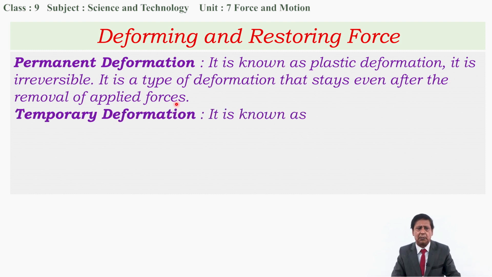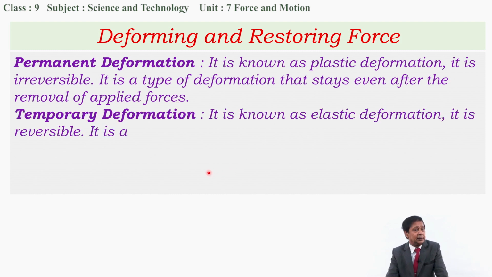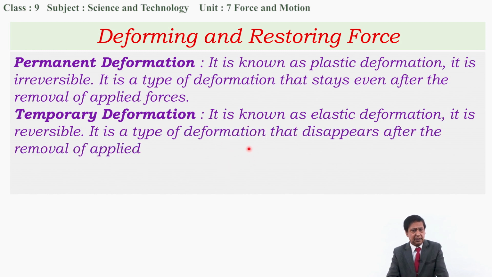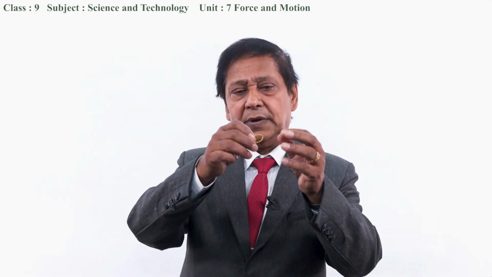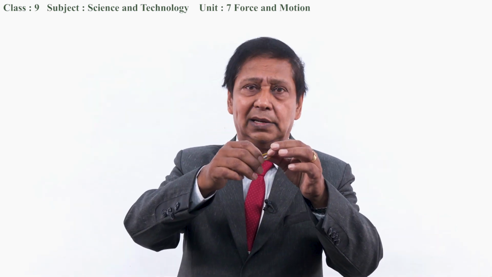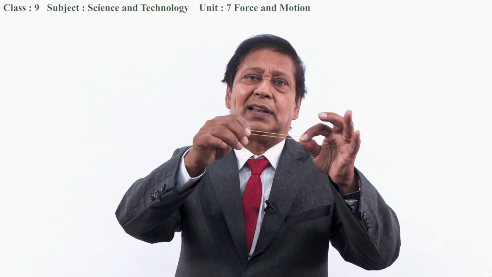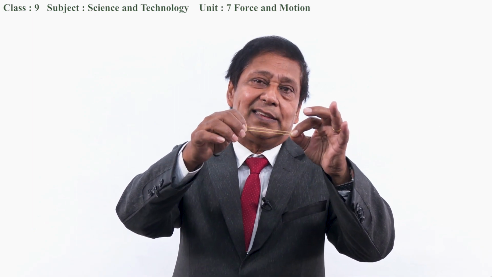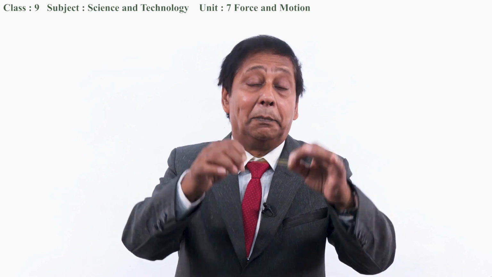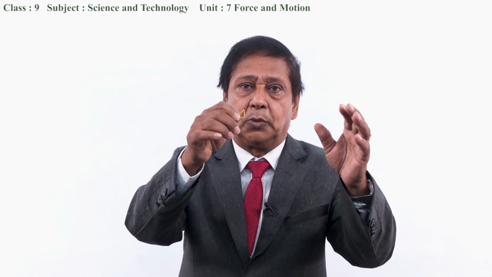But there is another term also, temporary deformation. What does it mean? It is known as elastic deformation. It is reversible. If it is not permanently deformed, I mean, if I apply a little amount of force, its length increases, thickness decreases, but still it regains its position.